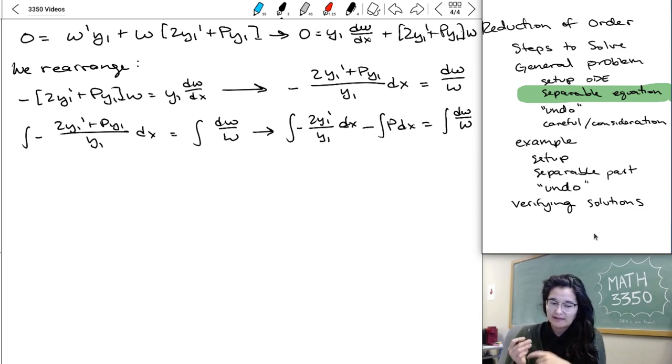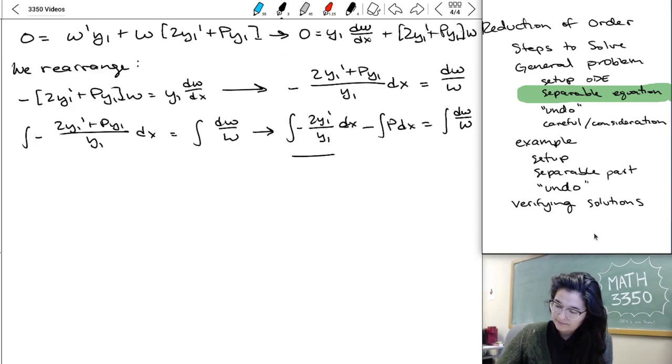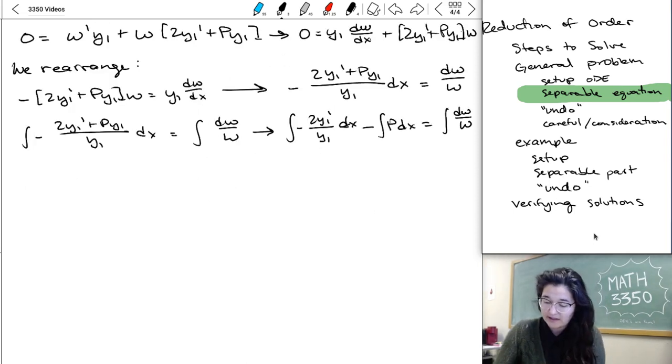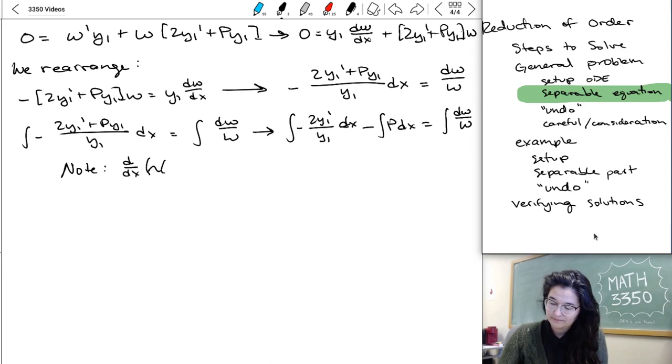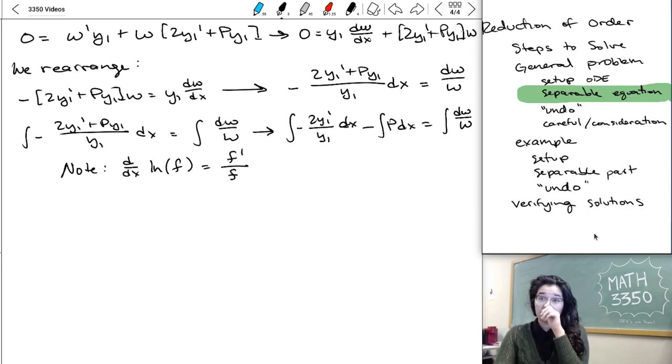But the thing is that it's a useful way to split things up because this was a whole mess I didn't know how to integrate, but there is a special relationship that will allow me to integrate that I've underlined. So I'm just going to note that the chain rule tells us that natural log of some function has derivative f prime over f.